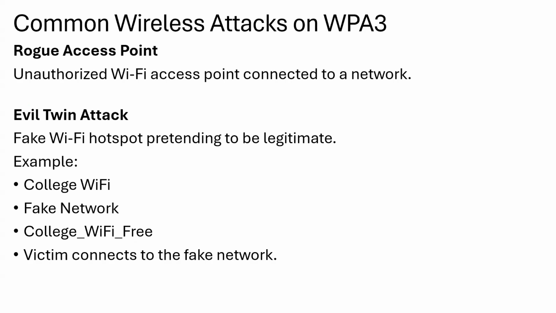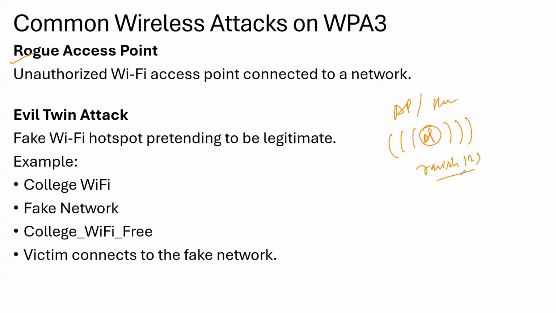Okay, let's talk about the common wireless attacks that are done on every network. First one is the rogue access point. A fake access point is set up in the same network. Like I have an access point or home router installed in my location that is already in use, having a name like Ravish123.